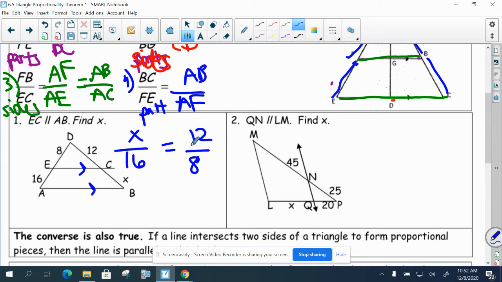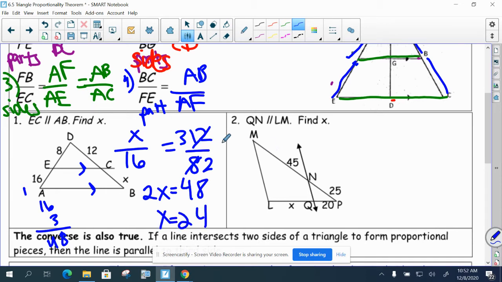So 12 over 8 would be 3 over 2. So this would be 2x equals 16 times 3, 48. So x is 24.